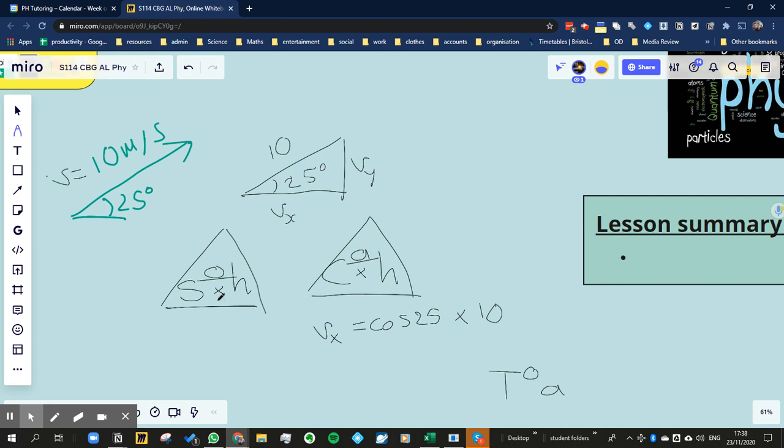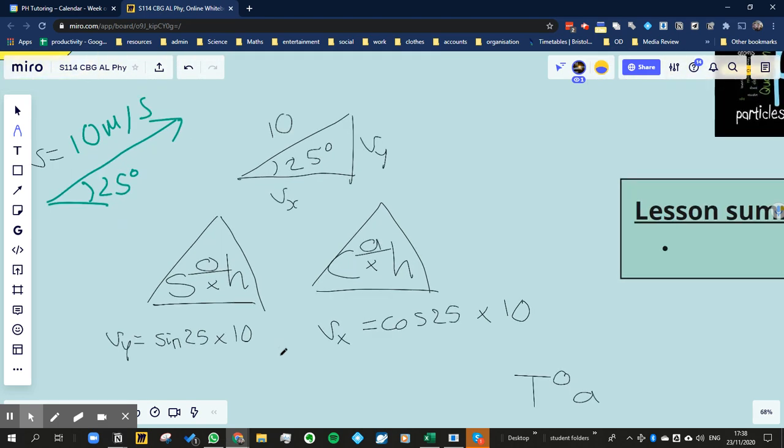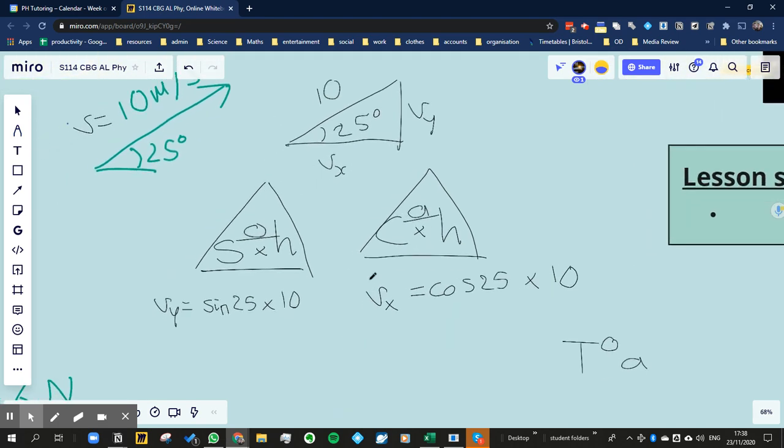And then sine theta, or in fact opposite, which is going to be Vy, is equal to sine 25 times 10. So that would be how you'd work out the horizontal and the vertical components.